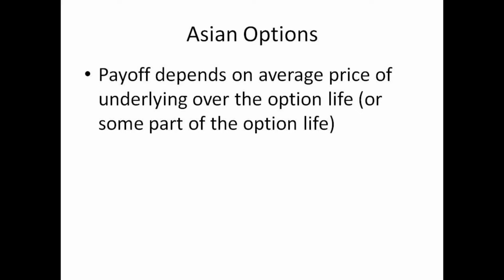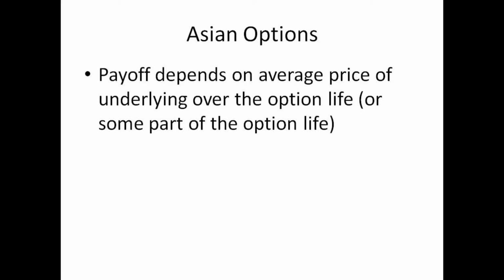The payoff on an Asian option depends on the average price of the underlying over the option life or over some part of the option life. The average can be calculated as either a geometric or an arithmetic average.